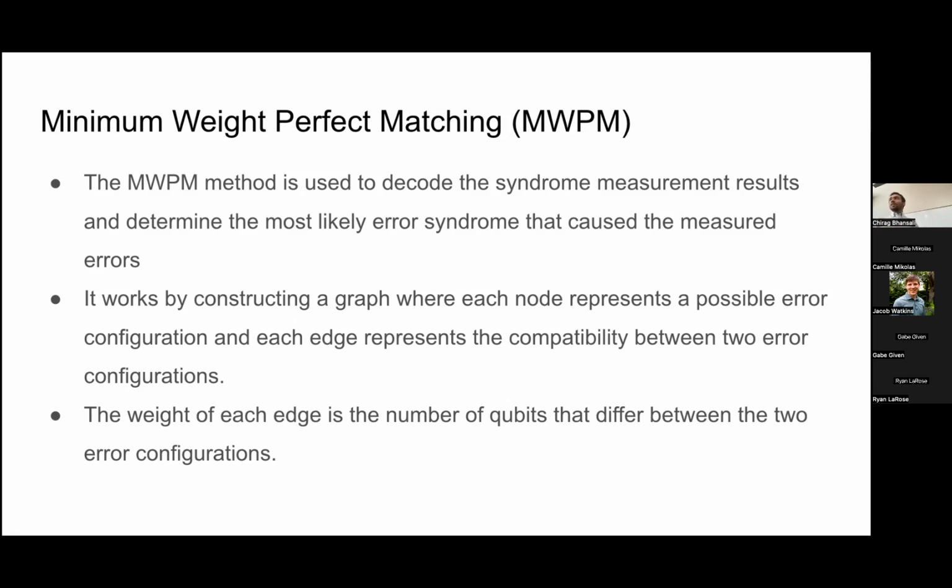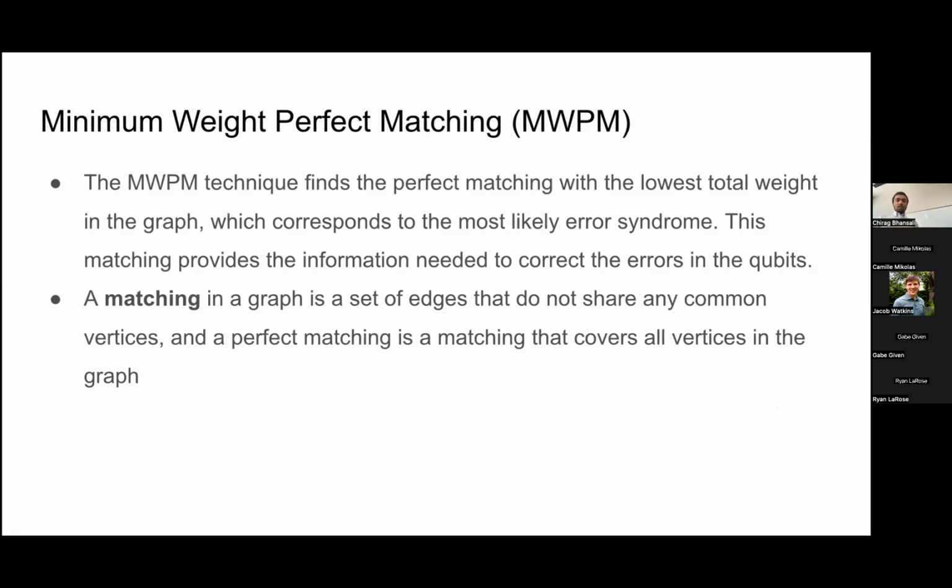By configuration, I just mean possible errors that could have occurred. The weight of each edge is the number of qubits that differ between two possible error configurations. How it works is you find the perfect matching with the lowest total weight in the graph, and that corresponds to the most likely error syndrome. The matching provides the information needed to correct the errors in the qubits.